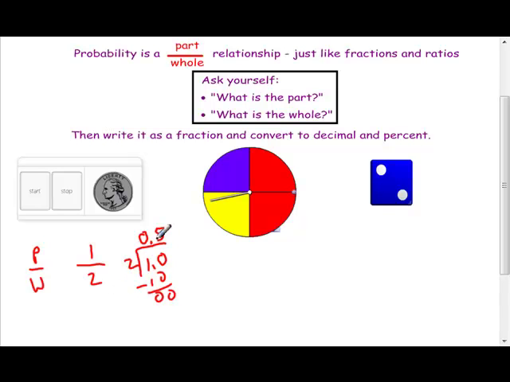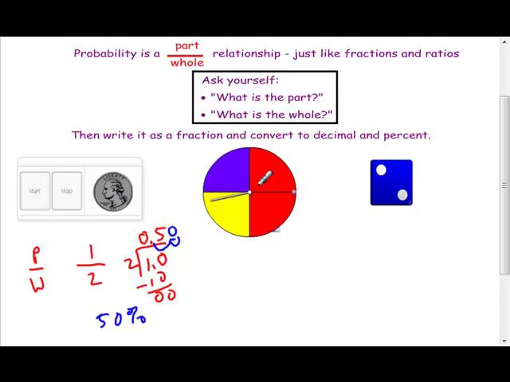So the decimal is 0.5 or 5/10, and we know we can write that as a percent by moving our decimal 2 places so that we create the hundredths, because remember percent is per hundred, so that is 50%. So it's 1 out of 2, 0.5, or 50%.